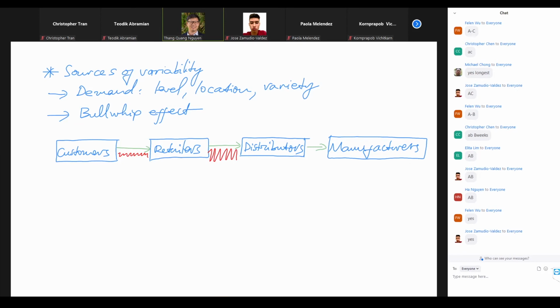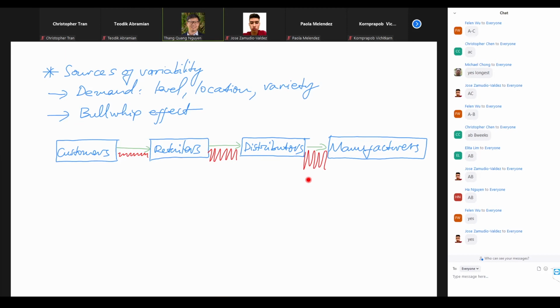And then the distributors, when they send the demand signal to the manufacturers, what the manufacturers see is a very wild, fluctuating demand signal, right? So you see that this is called the bullwhip effect, because from a very small source of variation, now we see more and more variation along the supply chain, right?